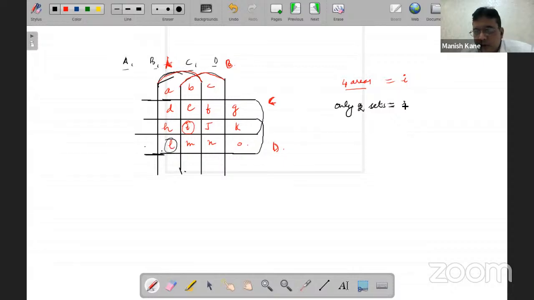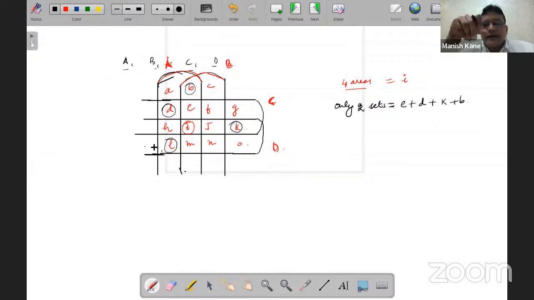But E is not the only one, right? For example, if you look at D, D is common to A and C, correct? Look at K, K is common to only C and D. Look at B, B is common to only A and B. So you have these four areas which are common to only two sets. Clear?